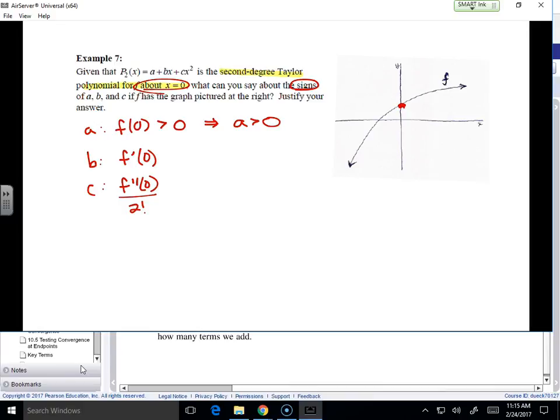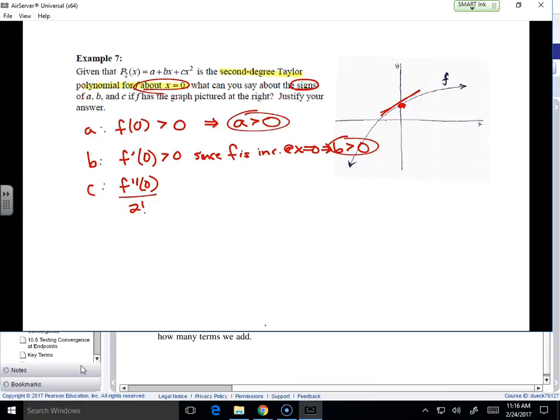F prime of 0, what do I know about it? Ah, f is increasing, therefore f prime is positive. F double prime, now Georgie.